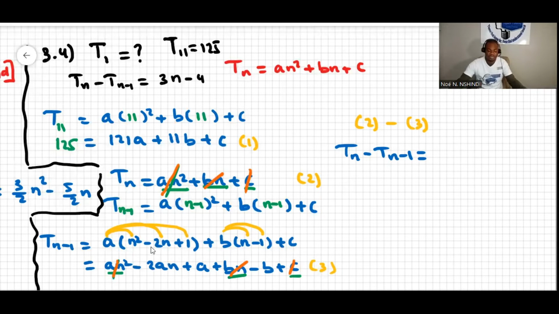Careful. Negative here will make a positive 2an, okay, because we're doing this equation minus that equation. Maybe I should write it over here like this, so we can all see clearly.